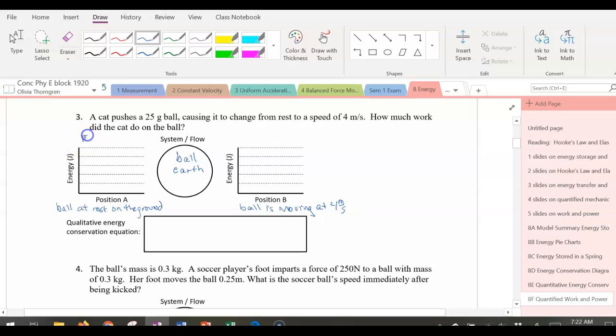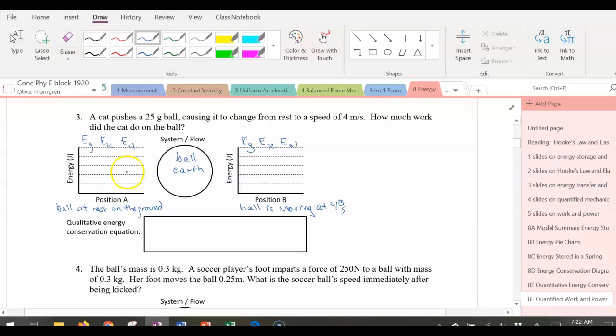So if I think about what kind of energy this system had in the beginning, I think it really didn't have any mechanical energy, right? The ball is at rest, so there's no kinetic energy. The ball is on the ground, so it has no height. There's no gravitational potential energy.